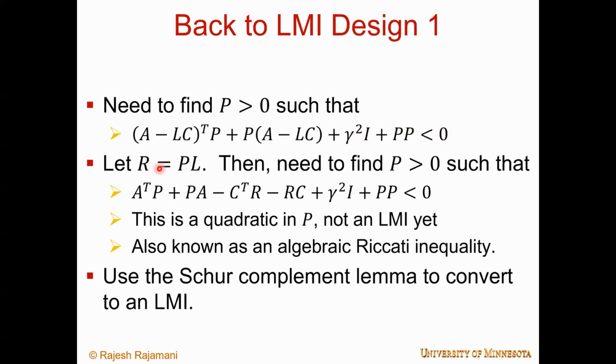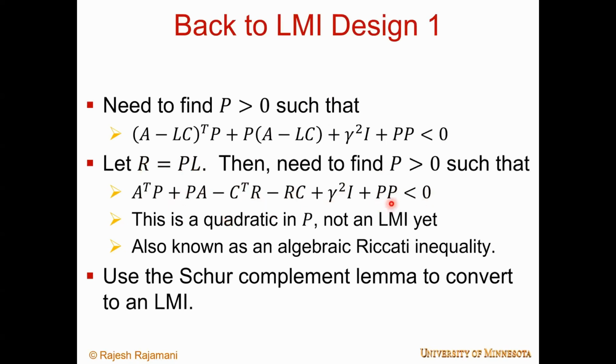You certainly need to use the same trick that we used earlier. We need to define the matrix R equal to PL. When you substitute R equal to PL, the inequality becomes A transpose P plus PA minus C transpose R minus RC plus gamma square I plus PP less than 0. Now you need to solve for P and R.